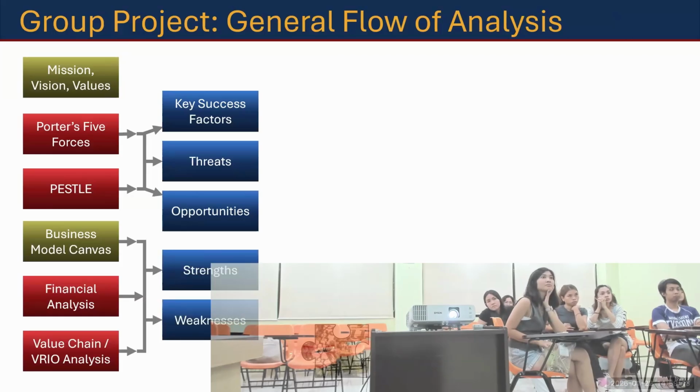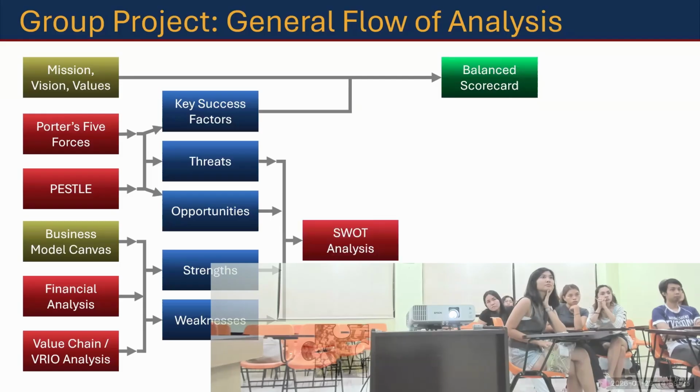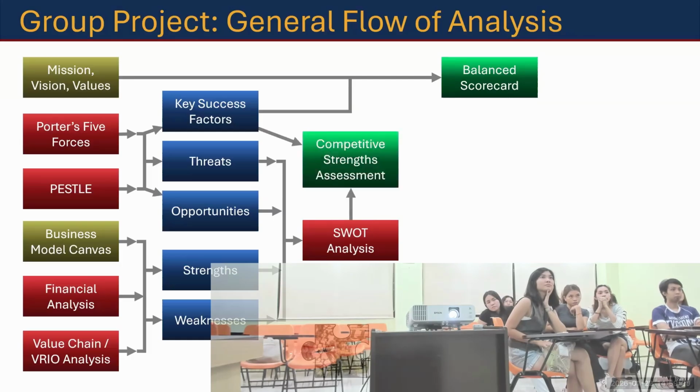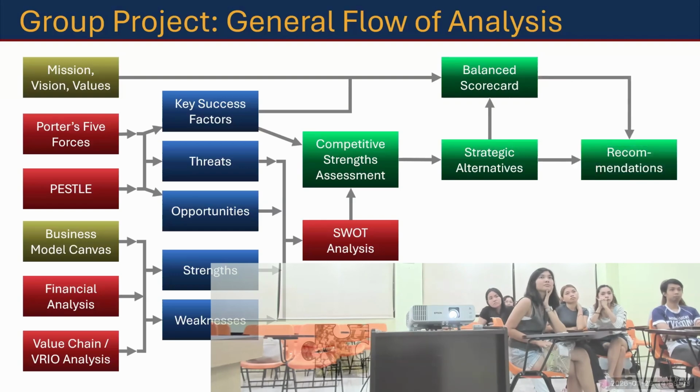By looking at the KSF and the mission, vision, values, you will be able to create a balanced scorecard. By looking at strengths, opportunities, weaknesses, and threats, you will be able to do SWOT. And then by looking at SWOT and KSF, you will be able to compare the company with its rivals, and then use that to create alternatives, which will be measured using your balanced scorecard. And then you will make recommendations.